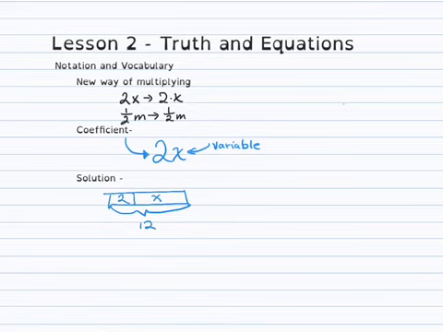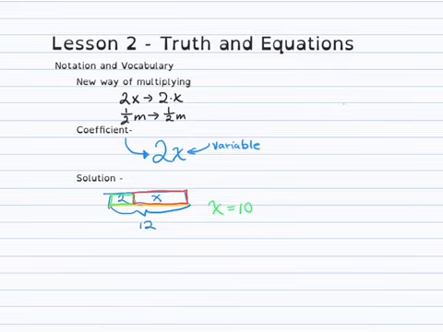We said yesterday that if this entire length is 12 and this length is 2, then this length here, the main part of my box, my x, must be what's left after I take 2 away from 12. So x would be equal to 10.